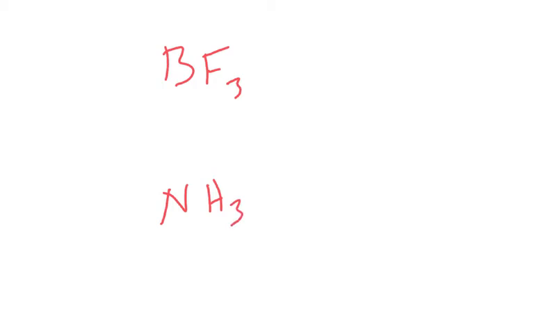And so when you look at BF3, and we've seen this before, you end up with a molecule that looks something like this. Now the special thing with the boron is it's happy with the 6 electrons instead of the 8. So even though fluorine is a lot more electronegative than the boron, you can see that the electrons would be pulled, I should be using a different color here, but in the direction of these arrows.